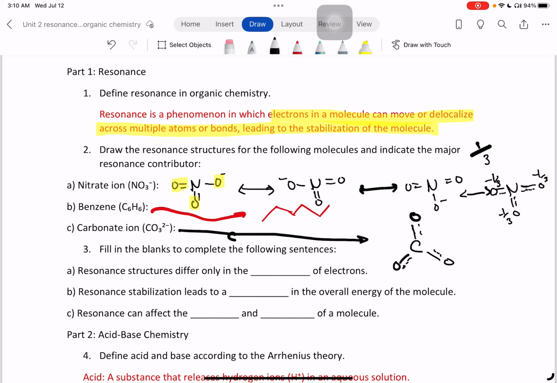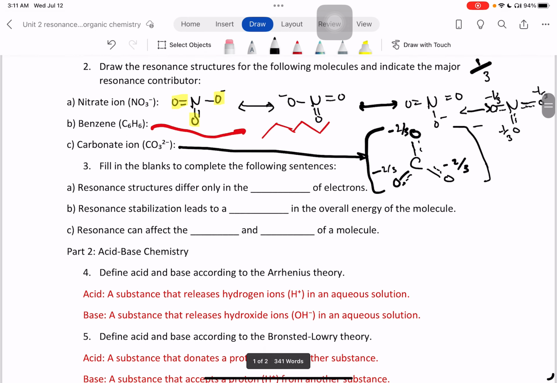We have a -2 charge that is distributed over 3 oxygens. So it's going to be -2/3 and -2/3, and that's going to form the overall charge of -2. All right, so hope this is straightforward. It's just the resonance. Okay, next.